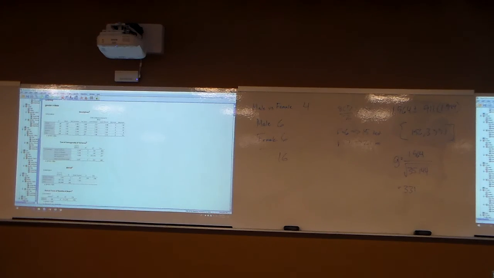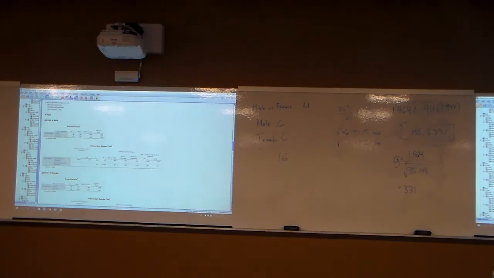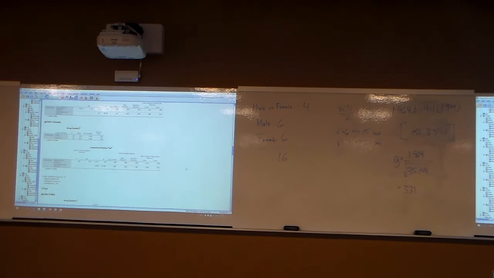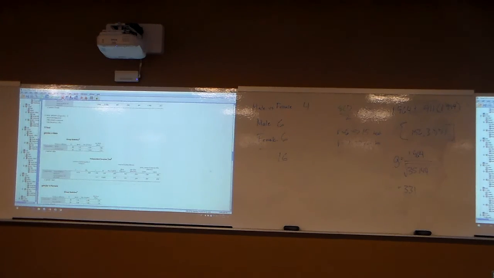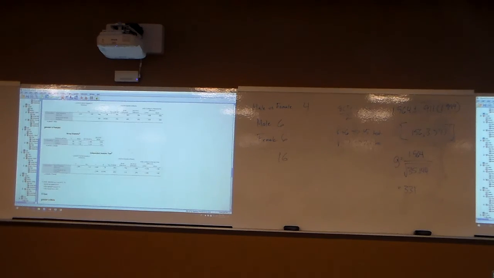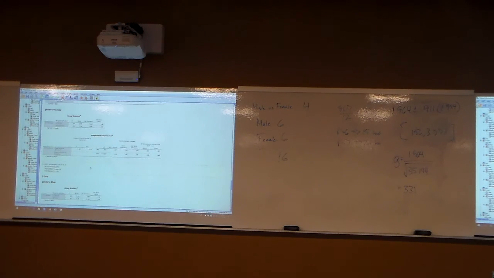So I've got men, my overall ANOVAs that didn't turn out. But then for my t-tests, I've got none versus Catholic for men, none versus Catholic for women, none versus Protestant for men, none versus Protestant for women, none versus Jewish for men, none versus Jewish for women, Catholic versus Protestant men, Catholic versus Protestant women, and so on and so forth.